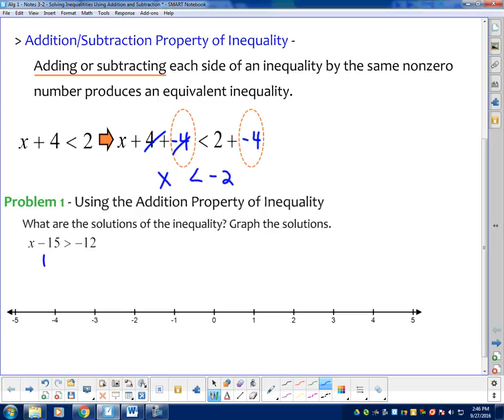Add 15. So it's x is greater than negative 12 plus 15, which gives me 3. So add 15 to each side.